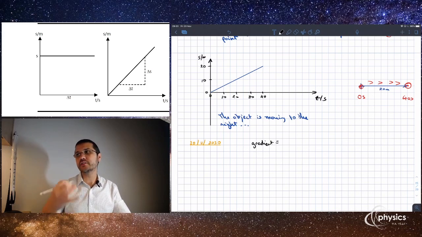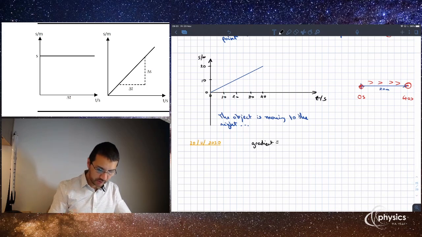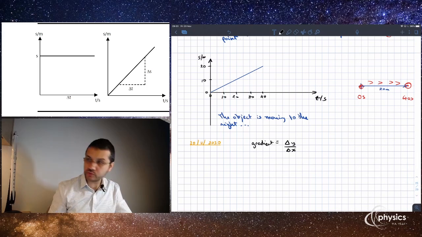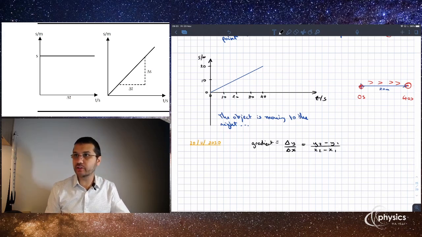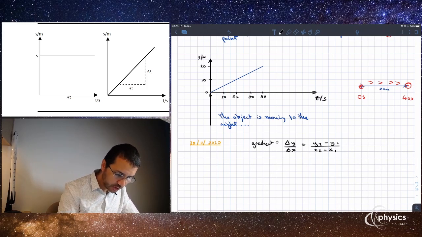The gradient is a mathematical idea. In mathematics, gradient is the slope of the graph. It is how steep the graph is. And it is calculated by finding the change in y over the change in x. In reality, we can calculate those changes by making y2 minus y1 over x2 minus x1, where y1, y2, x1 and x2 are the coordinates that you're going to take.